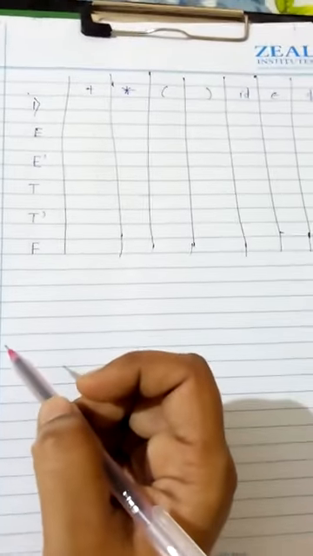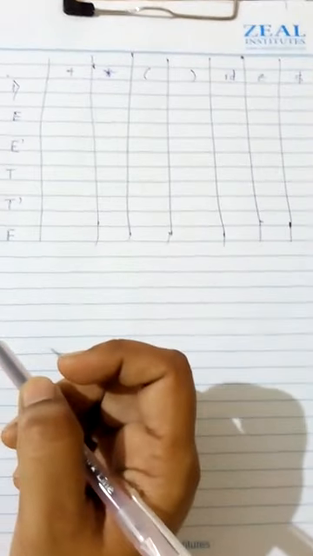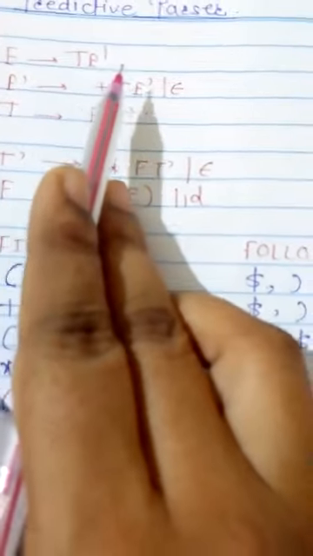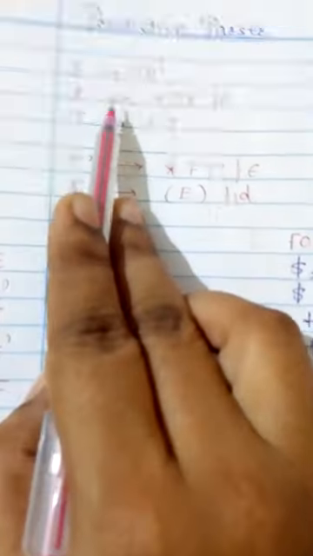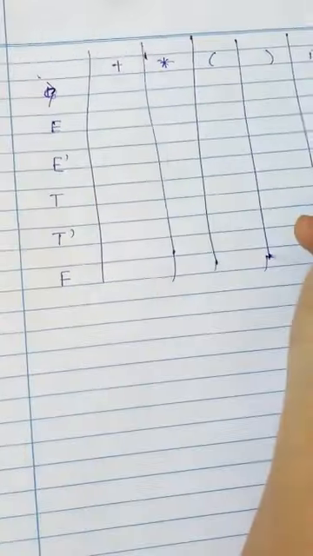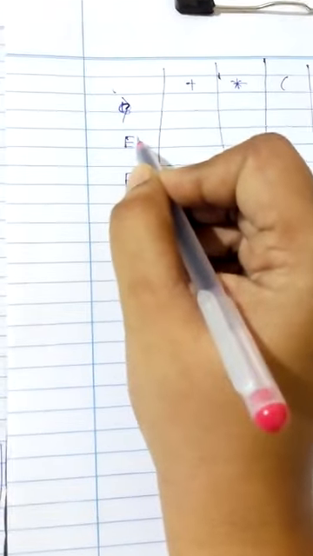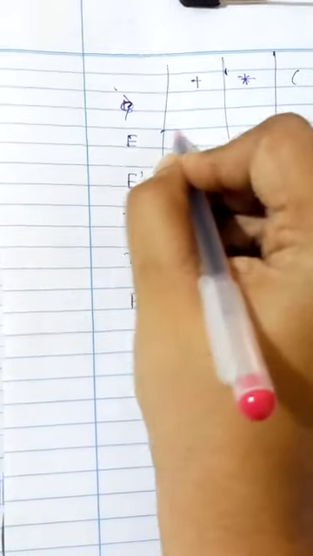Once you construct this table, you have to learn how to make an entry in it. Now see your production rules. The first production rule is E gives TE dash. You have to add this production rule in a cell of this table. A cell value means, for example, the cell E comma plus is this portion.